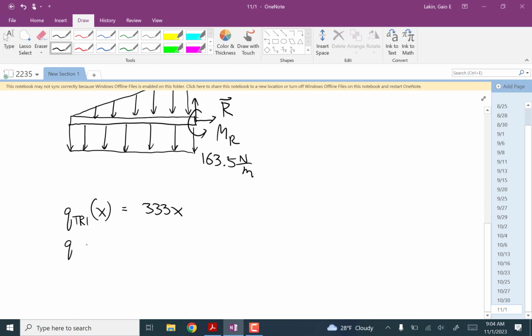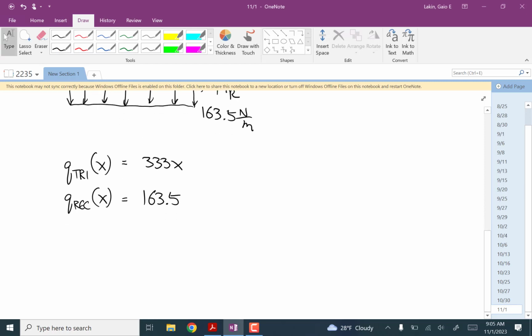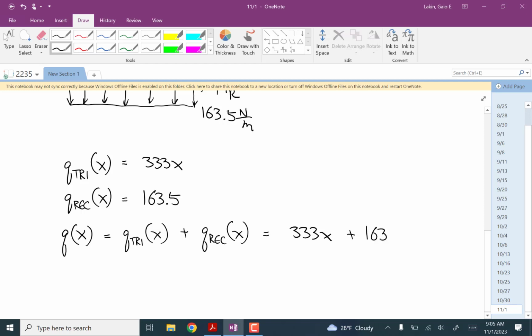And then the second one is just a constant function, 163.5. And so the total function q is the sum of these two. So that's 333x plus 163.5.